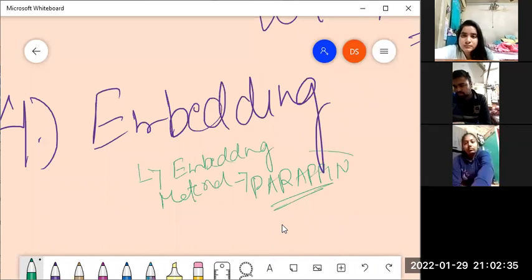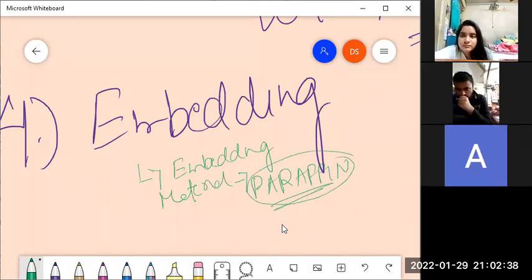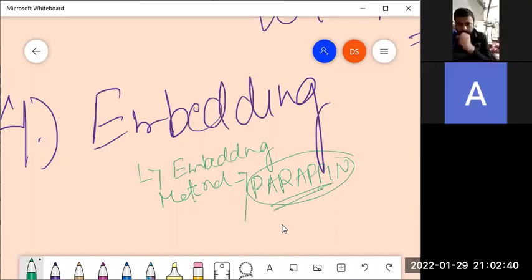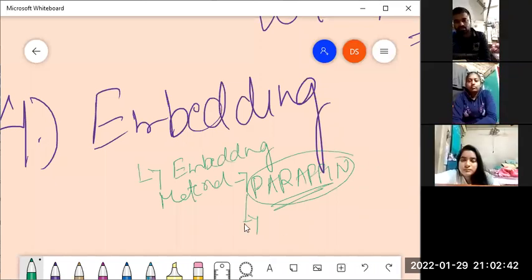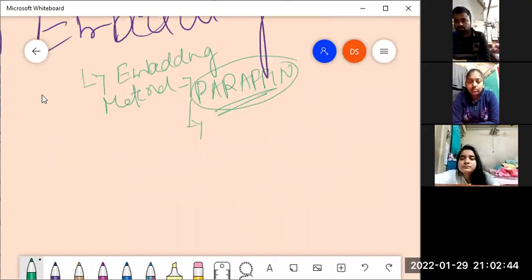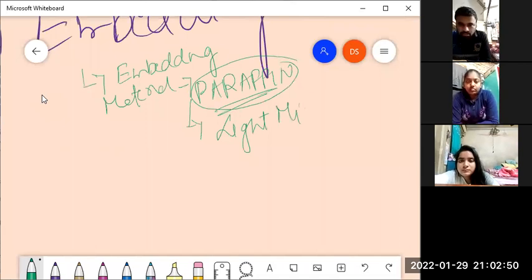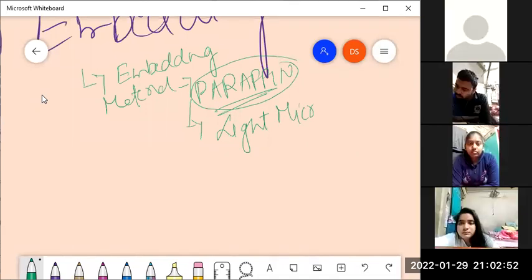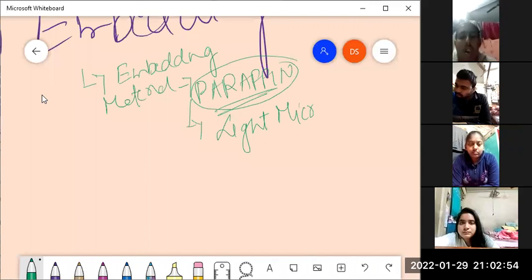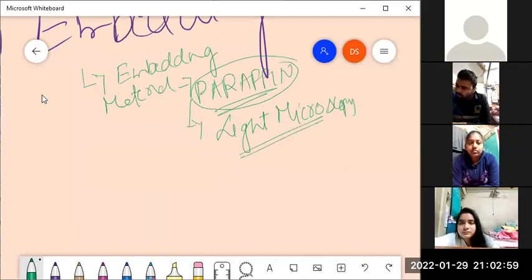Now the paraffin as the embedding material is used when the microscopy would be the light microscopy. That means for electron microscopy, or say transmission electron microscopy, the paraffin is not used as the embedding material.